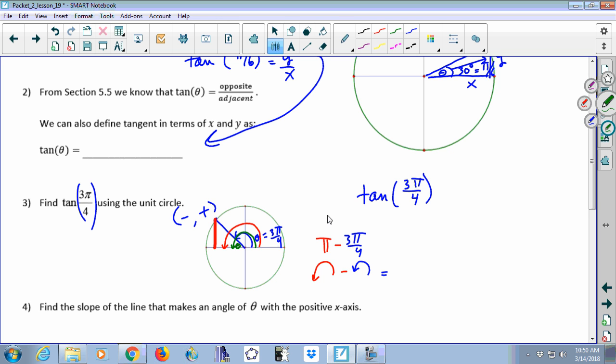Oh, sorry, I drew that incorrectly. Control Z. It's going to give me this measure right here. That's my reference angle. So pi is 4 pi over 4, take away 3 pi over 4, gives me my reference angle of pi over 4.